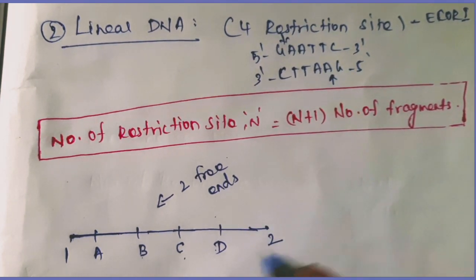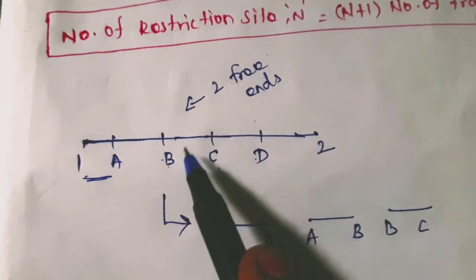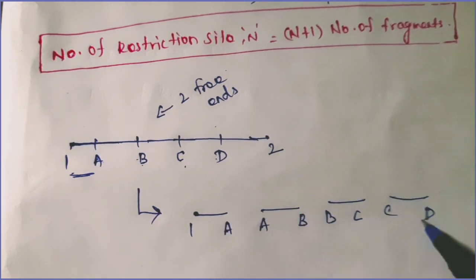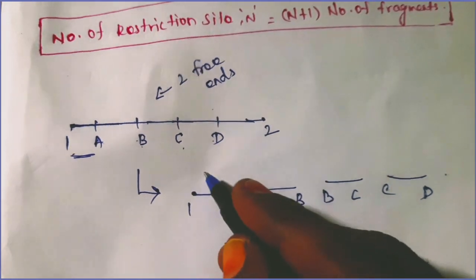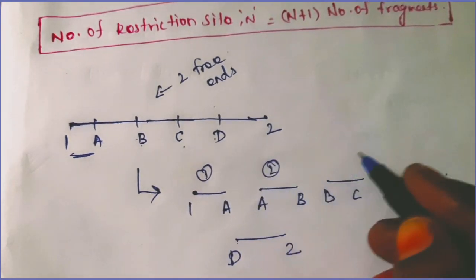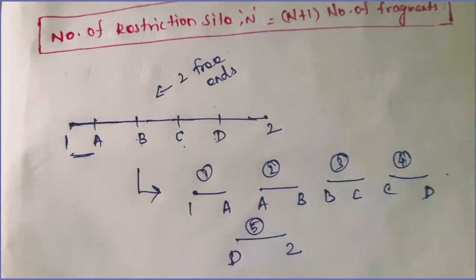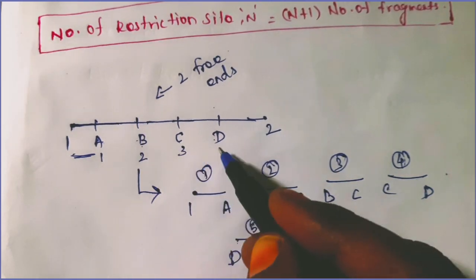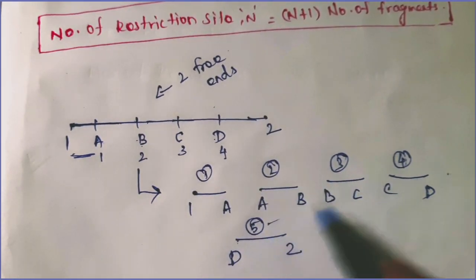So the number of fragments is 1, 2, 3, 4, 5. Here your number of restriction sites is 1, 2, 3, 4. For 4 restriction sites, you got 5 fragments.